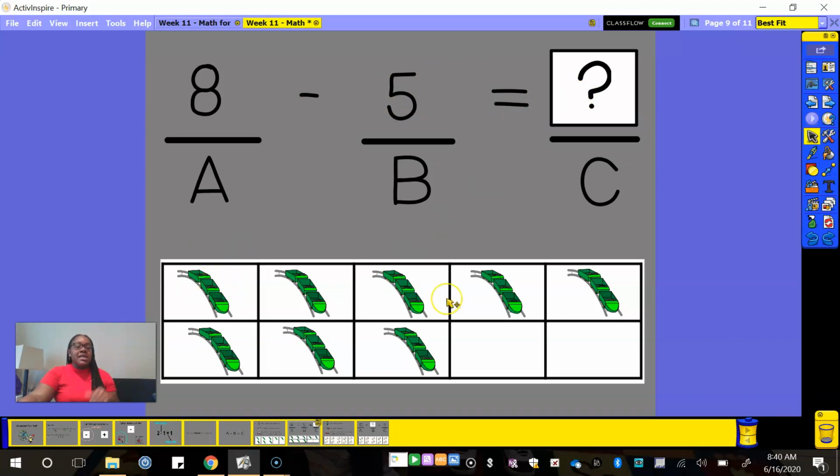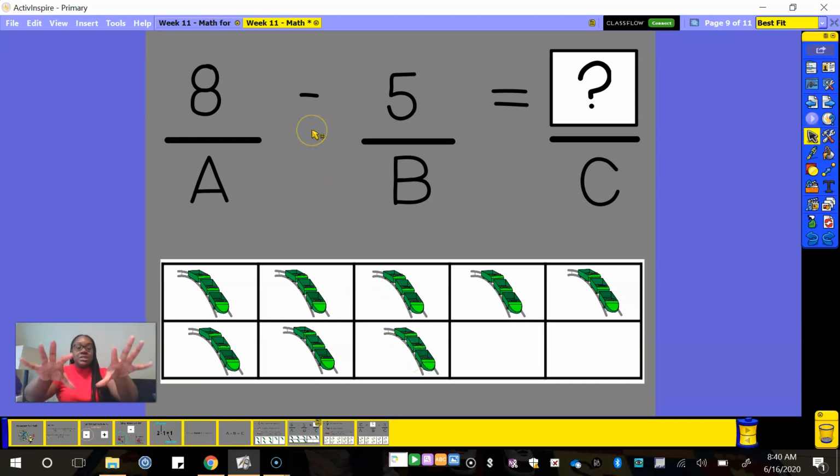So let's count in our tens frame again to make sure that we have 8 roller coasters. Count with me. 1, 2, 3, 4, 5, 6, 7, 8. Good, we have the same amount.